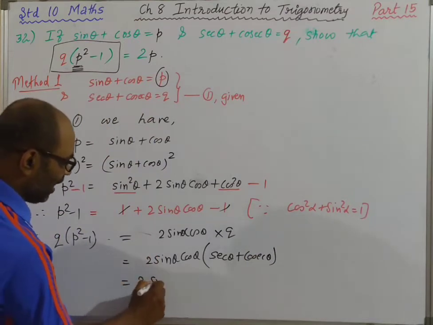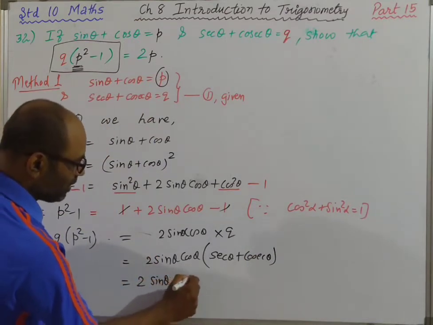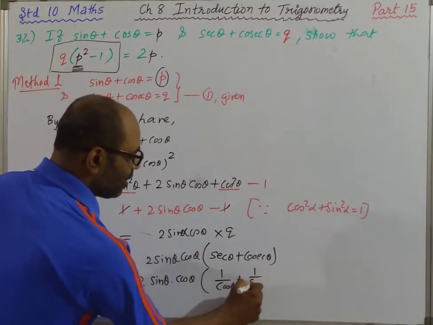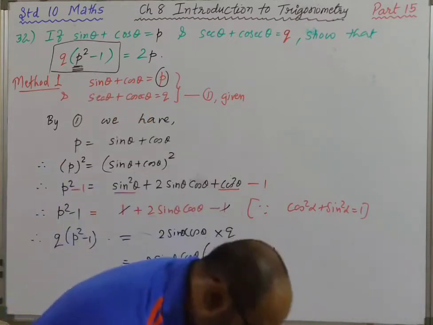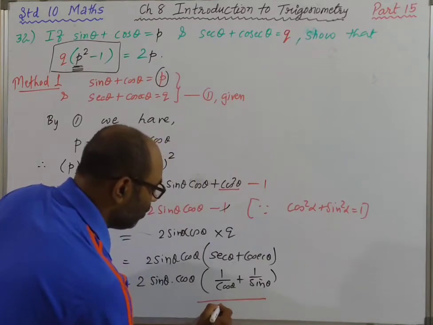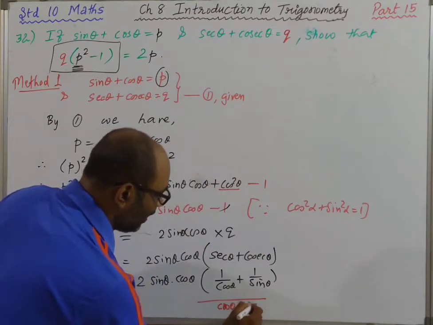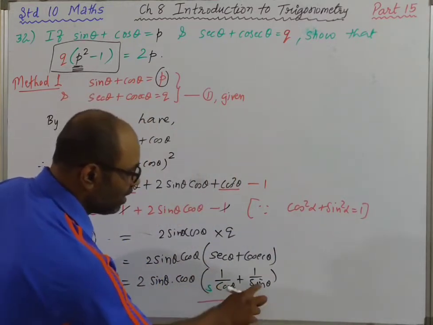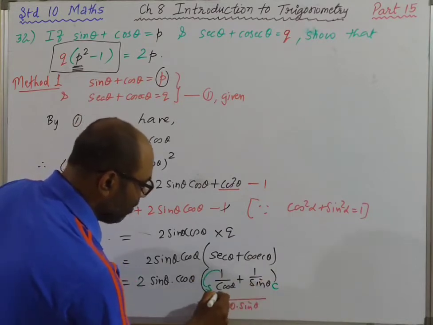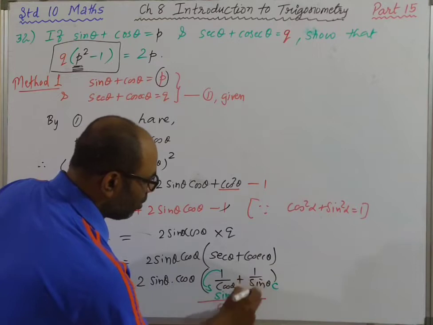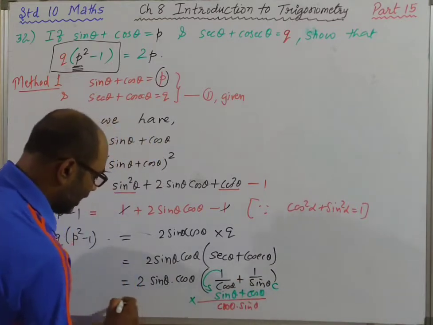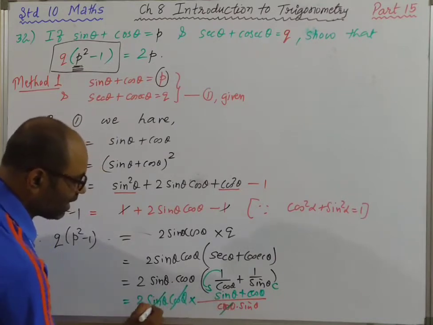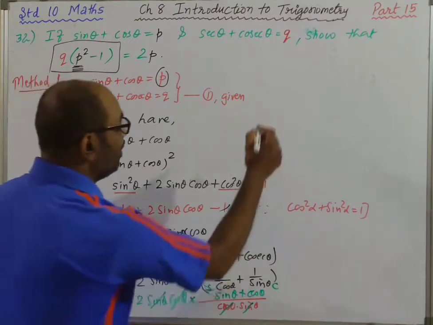That is equal to 2 sine theta into cos theta, yes, convert into sine and cos: 1 upon cos theta plus 1 upon sine theta. यहां आपको मिलेगा LCM, which is cos theta into sine theta. Be careful, I am writing directly. यहां cos है, so sine is left. यहां sine है, so cos is left. Sine into 1, sine theta, plus cos into 1, cos theta. ठीक है? और आगे क्या है? 2 sine theta into cos theta. Cos theta cancels, sine theta cancels. So what did you get?